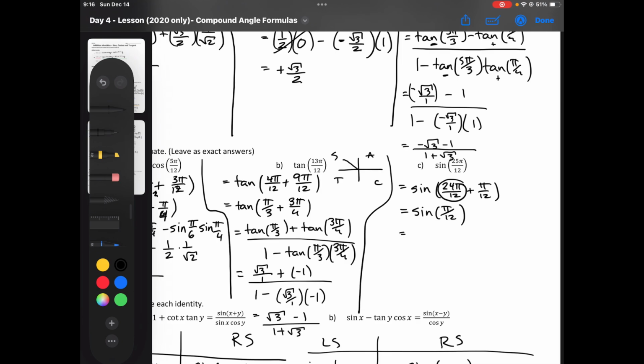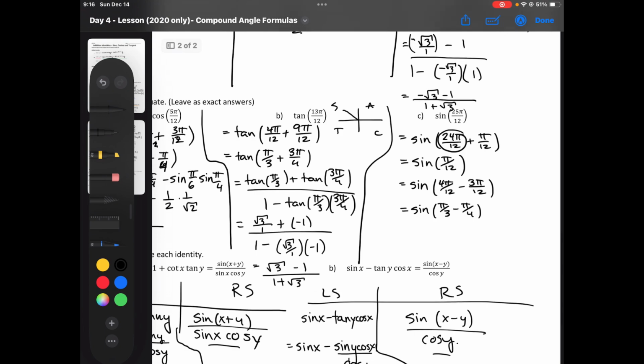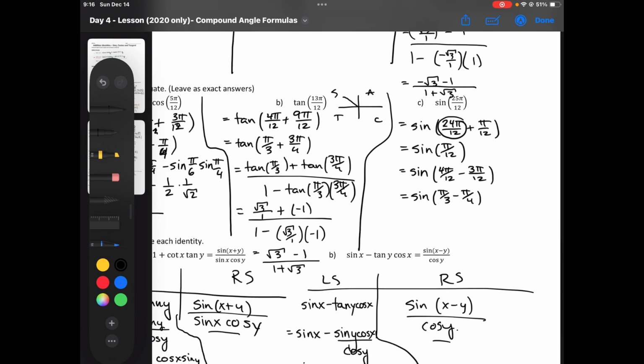That one I can split up into the sine of 4 pi over 12 minus 3 pi over 12, which simplifies to pi over 3 minus pi over 4. And then I can use my sine identity to break up those angles.